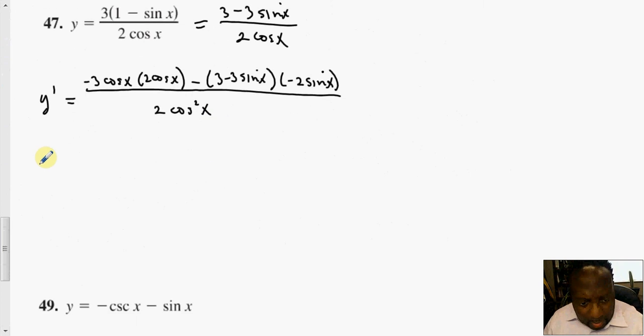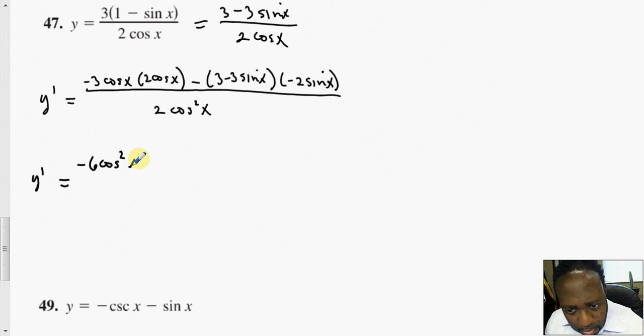Now we simplify. We have y prime is equal to negative 6 cosine squared x. This negative and that negative is positive, so say a positive here. And I'm going to distribute this 2 sine x to this term there.